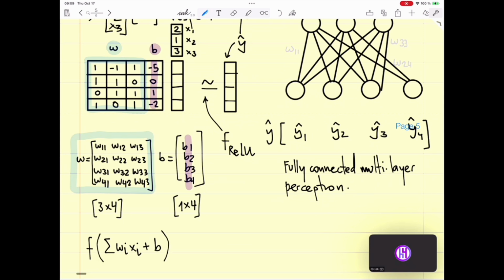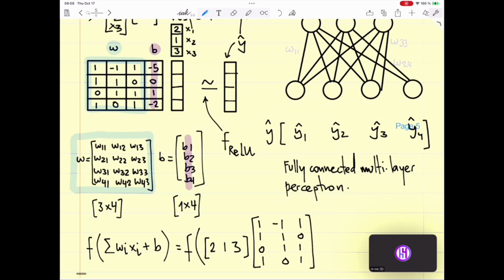Then apply the function, which will be something like the vector 2 1 3 multiplied by 1 -1 1, 1 1 0, 0 1 1 and 1 0 1, plus the vector of b: 0 -5 0 1 -2.